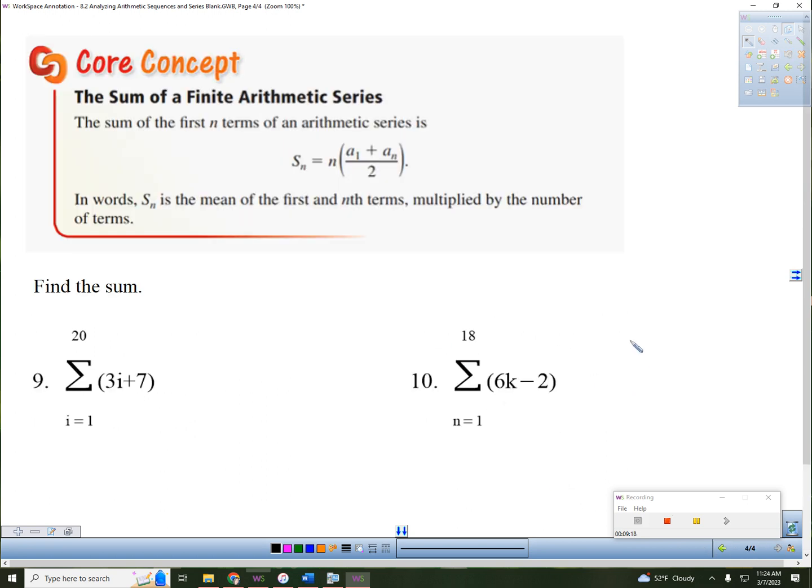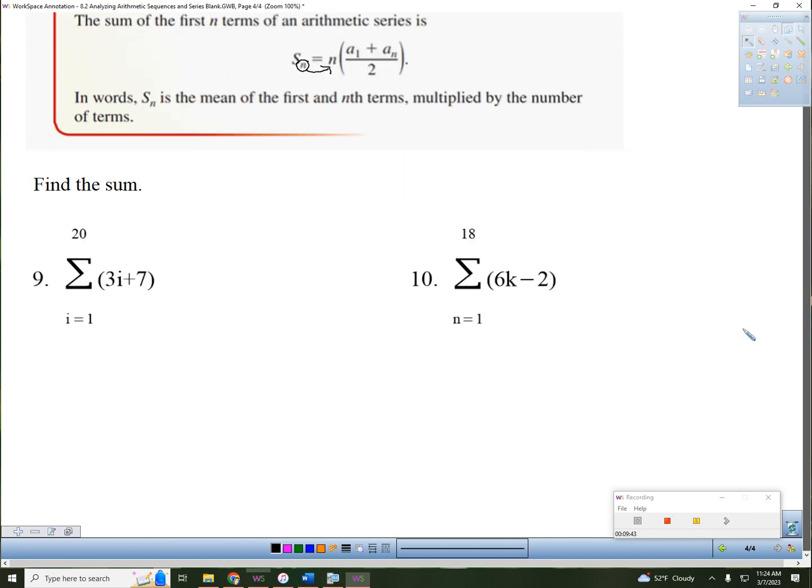All right, so to find the sum of the first however many terms they give us, in other words, this one is 1 to 20, so the first 20 terms. All right, if this is the sum of the first 20, then this n will be 20. I always need the first term, and I always need the last term, and then I divide those by 2. So I need the first term and the last term.